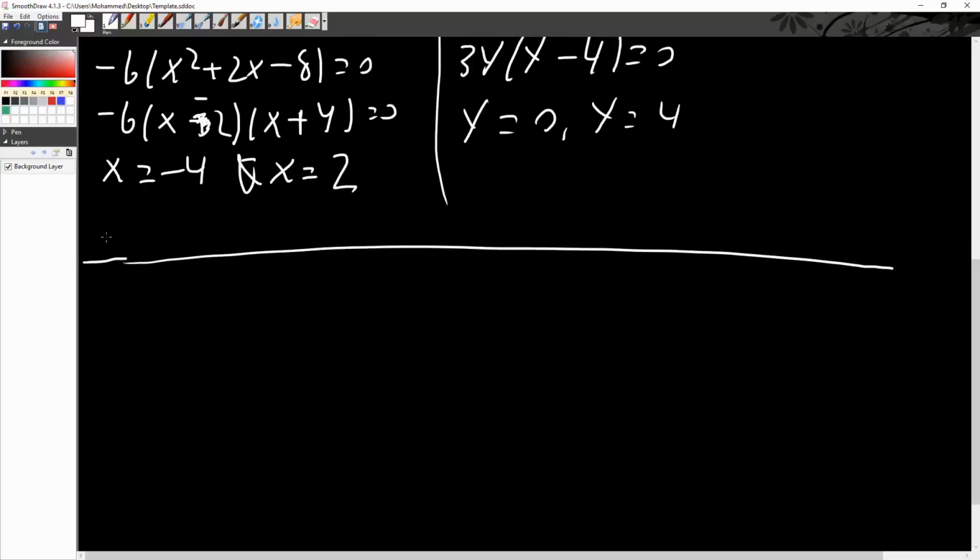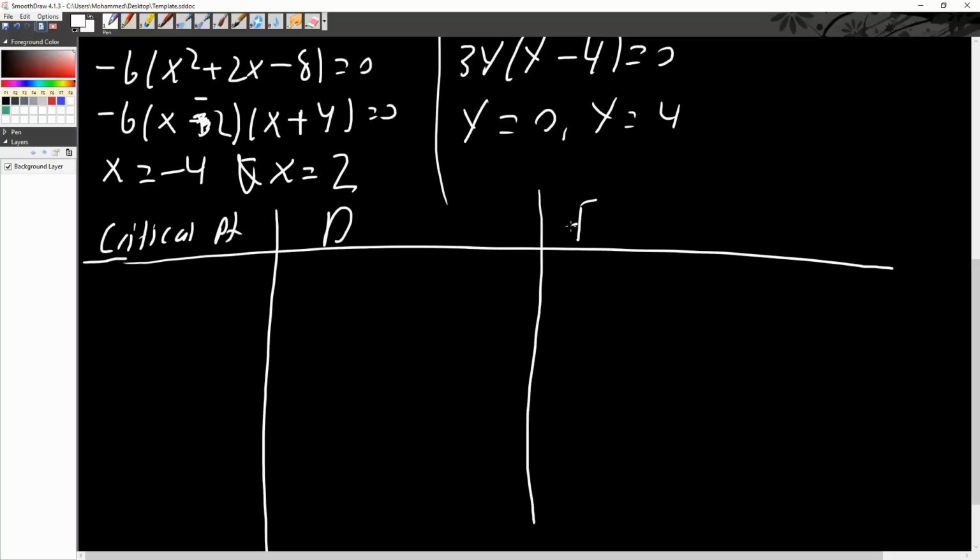Okay, so we will construct a table. This would be critical point. This would be our D, and this would be fxx, and this would be our conclusion. And so our critical points are 2, 0, 2, 4, and negative 4, 0, and negative 4, 4.